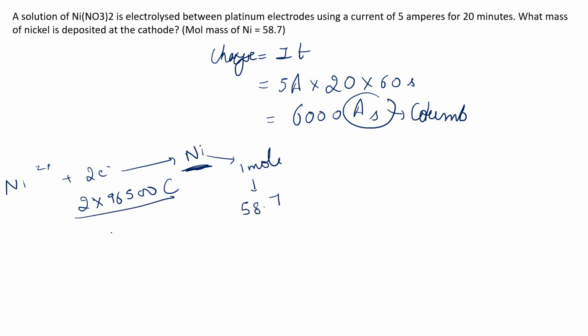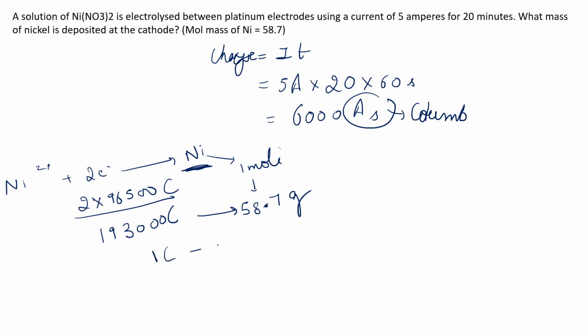So 2 into 96500, that is 193,000 coulomb are required to convert 58.7 gram.